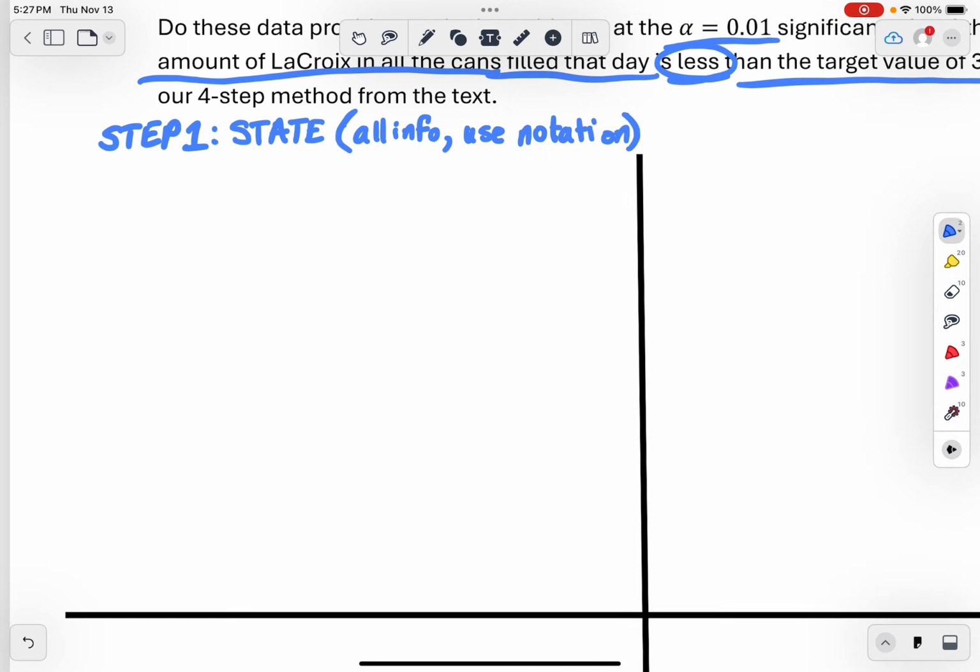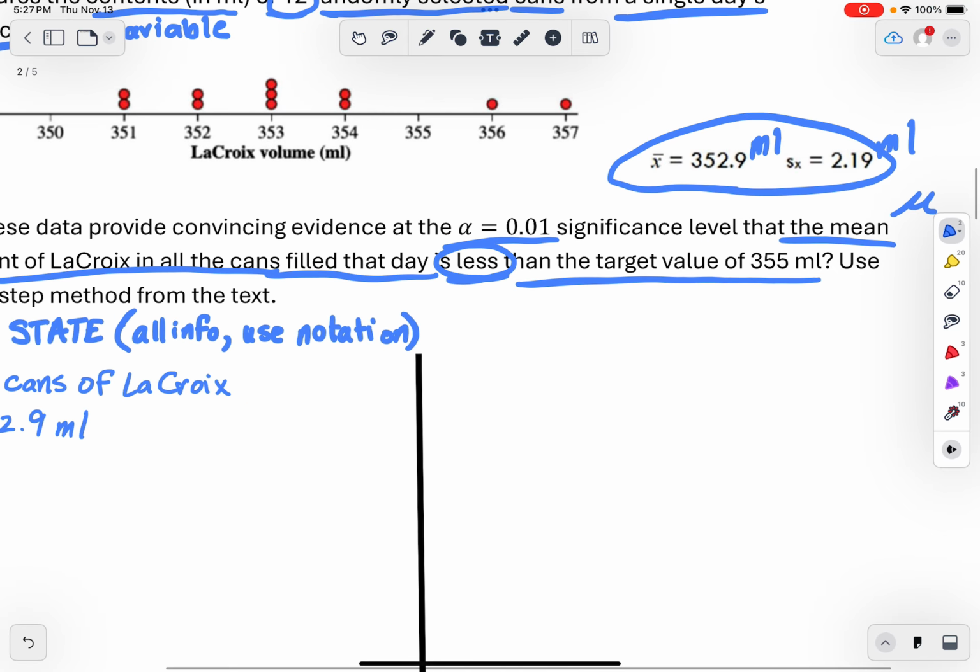We've already been told that n was 12 cans of LaCroix, and that X bar was 352.9 milliliters, which was given to us right over here.